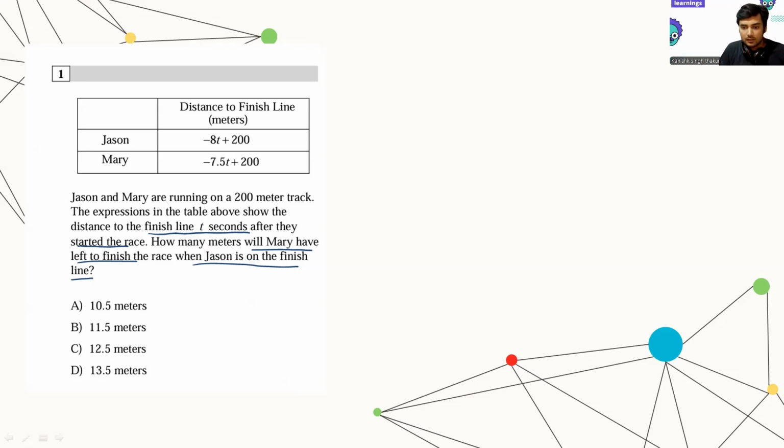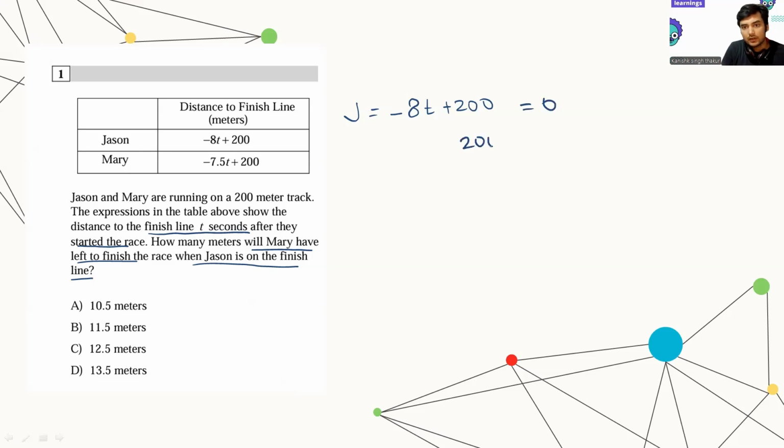So let's see. This is the equation again. Distance to finish line is given to you as minus 8t plus 200. This is for Jason, right? Now, if Jason reaches the finish line, what will happen? This distance will become 0, isn't it?